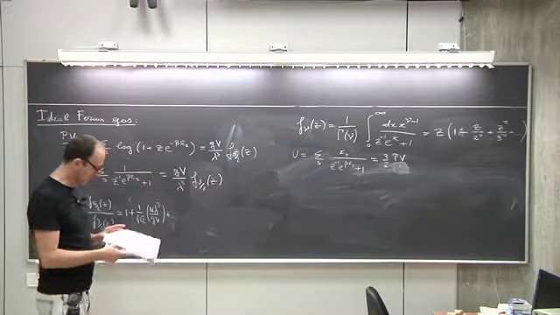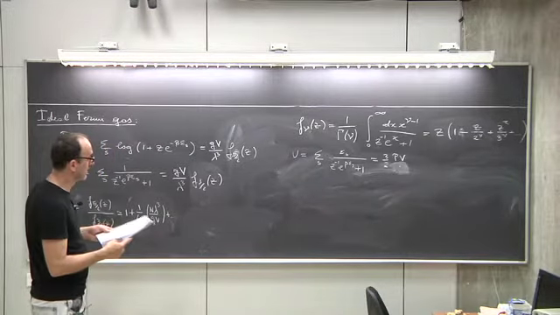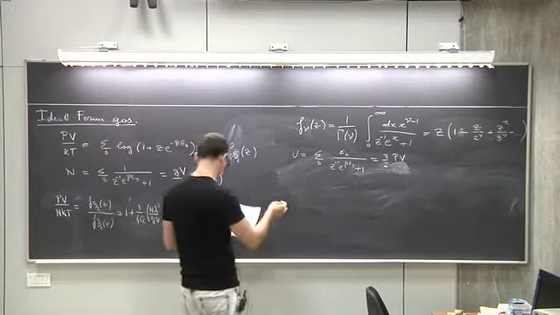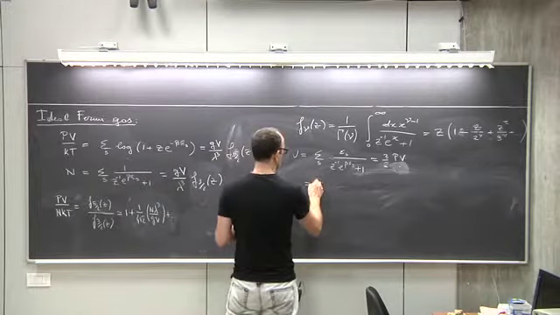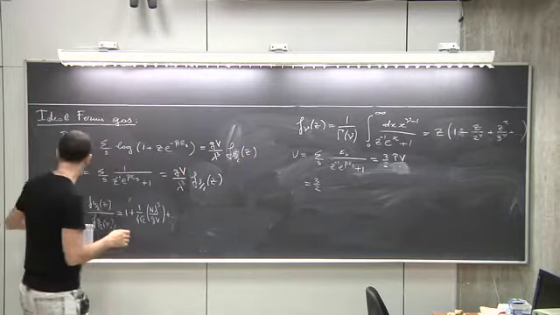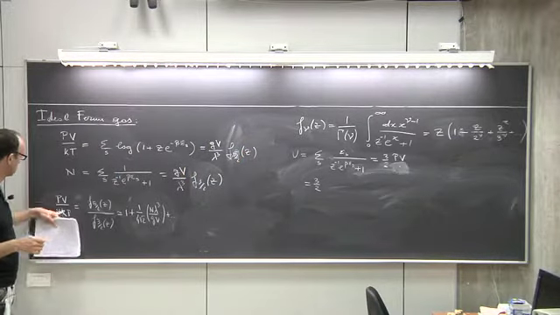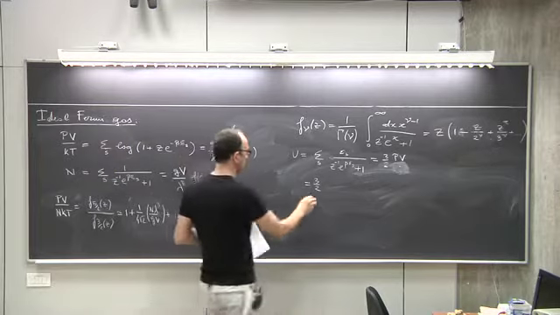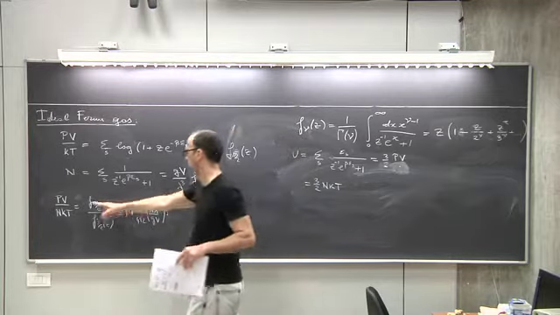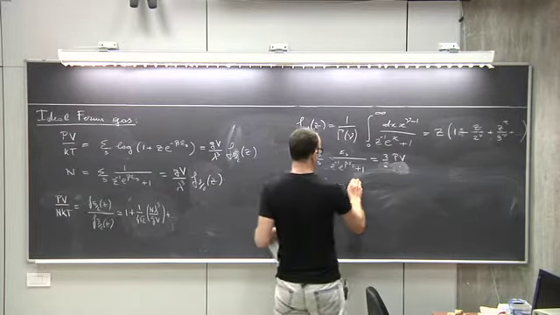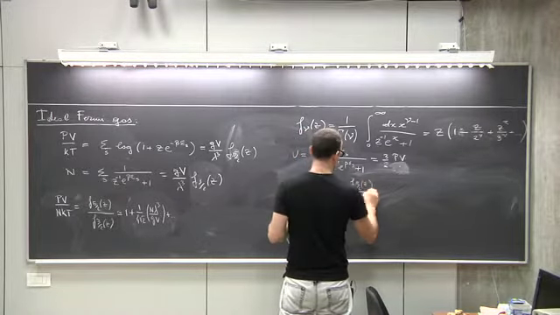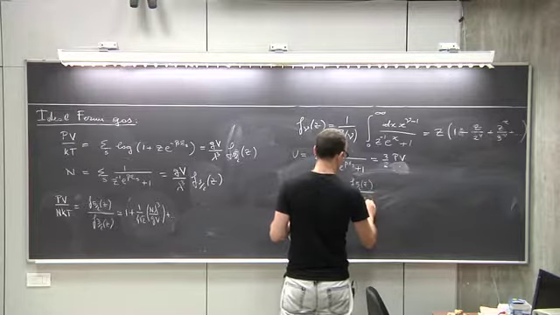Okay, so from this you can write that the energy is 3/2 of N KT times this ratio of these two functions, f of 5/2 z over f 3/2 z.